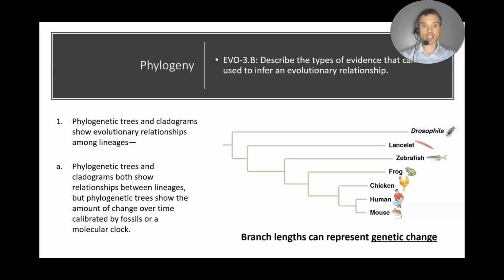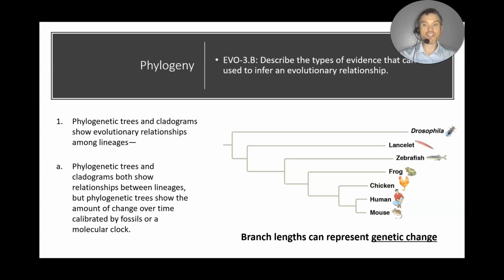This is a phylogenetic tree, and the lengths of the branches represent how much genetic change has occurred between the different species. In other words, the longer the branch, the more distantly related those two species are. If we look at this, Drosophila, or fruit fly, there at the very top is much more different than us or the mouse based upon the length of the branch.